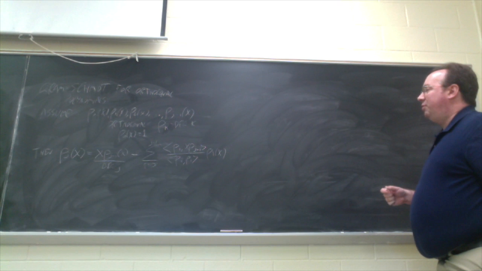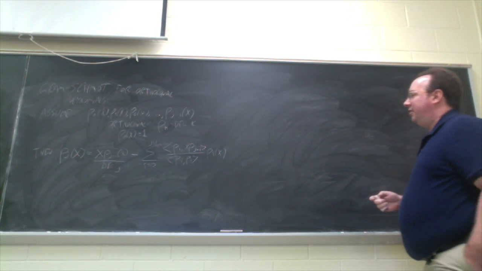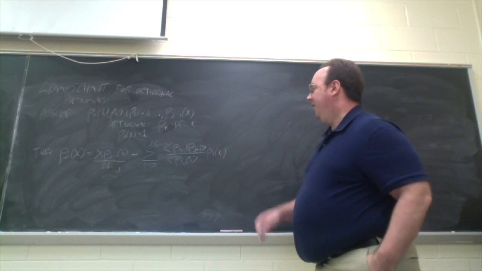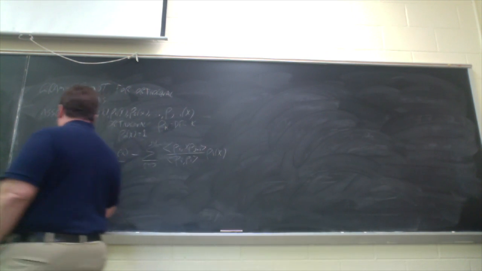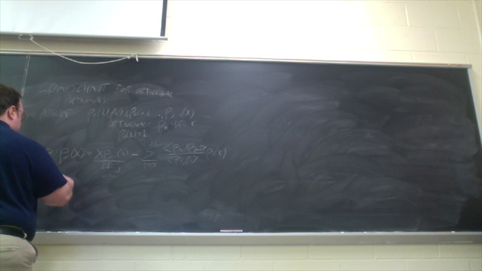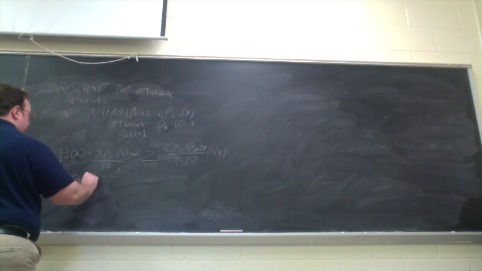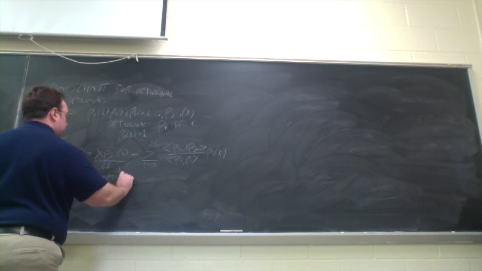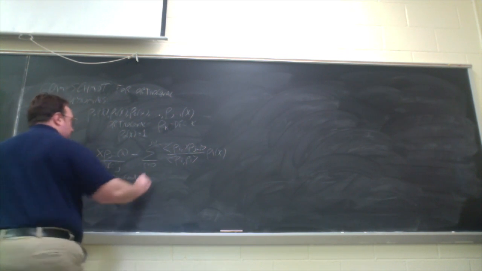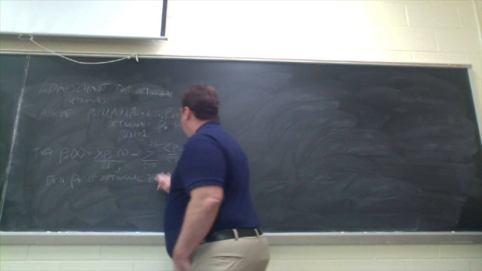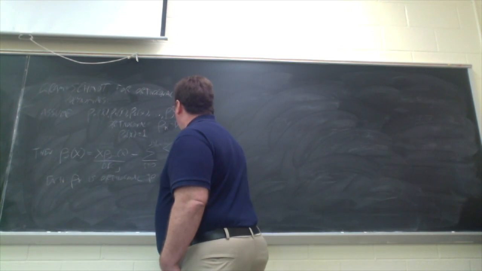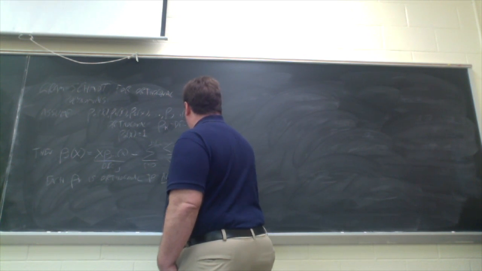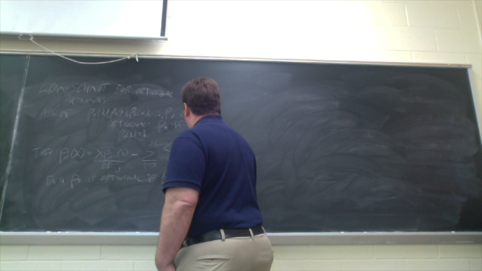Now, here's where things become nicer in the orthogonal polynomial case, because each p_k is orthogonal, and this is what I'm going to use a lot, orthogonal to all polynomials of lesser degree.